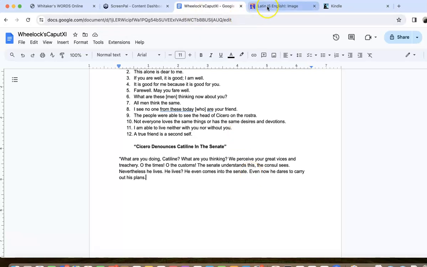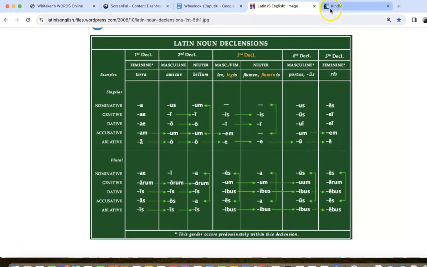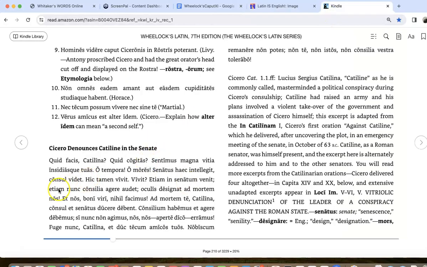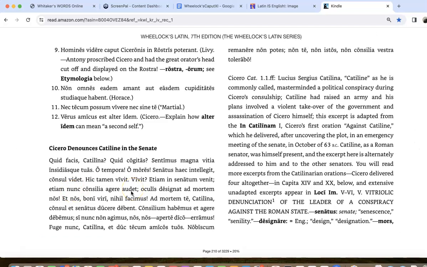So let me try to explain this one. Is even now, etiam nunc, he dares audit, like audacity, to carry out like agenda, and then concilia is neuter, accusative, plural, ending in A. So even now, he dares to carry out his plans.